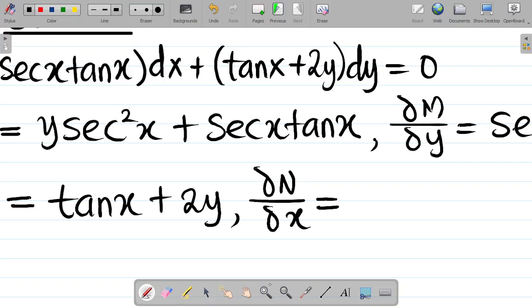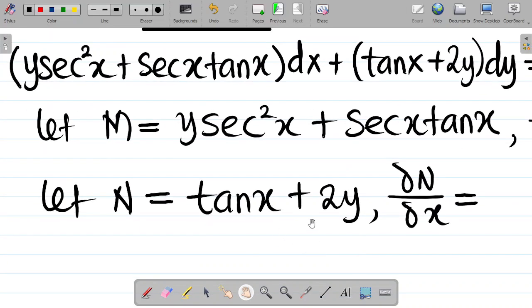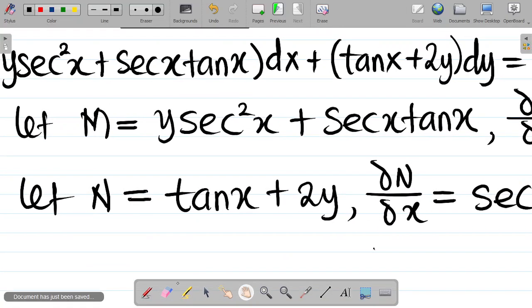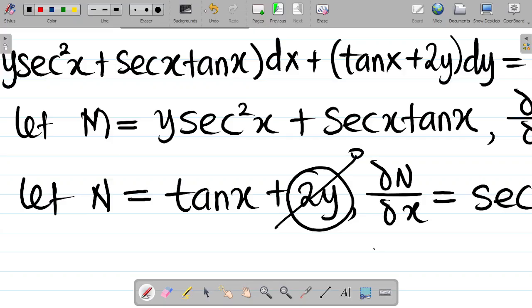That becomes partial N over partial x. Let's start with the first term. Differentiate tan x, it gives you sec squared x. Next up, this term here, 2y, does not have an x term, so differentiating this with respect to x gives you 0 because it is considered a constant.